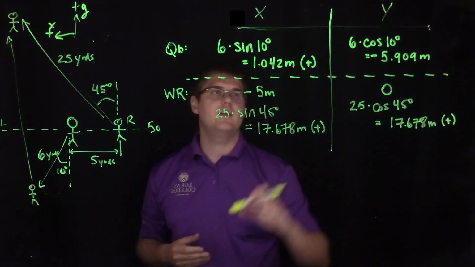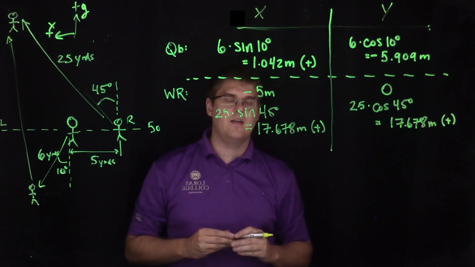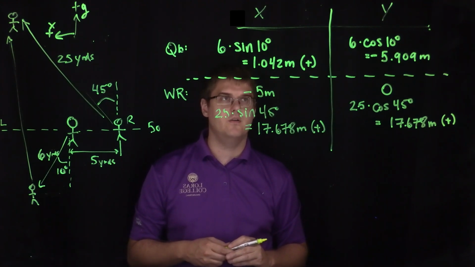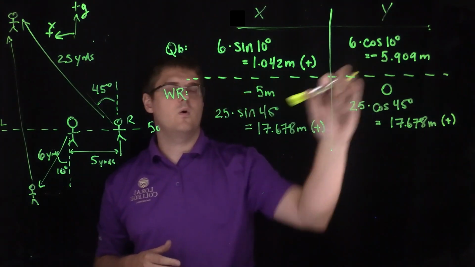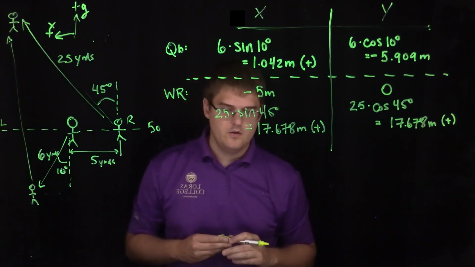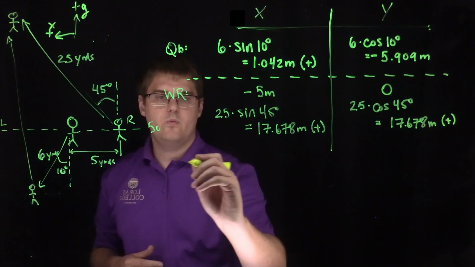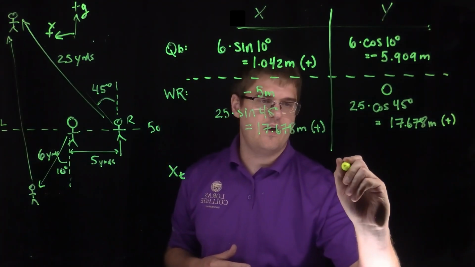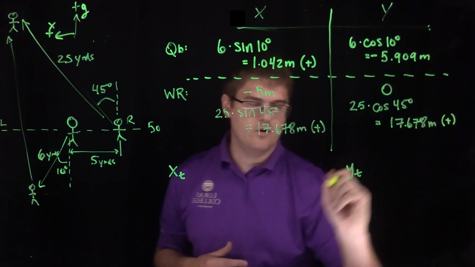How does this negative 5.909 meters impact how he has to throw the ball? And we're going to ignore the fact that it is negative. So we want to find x total, and we want to find y total.